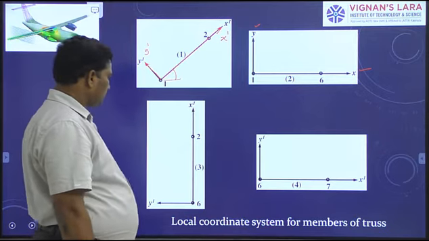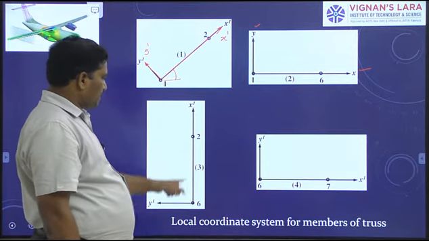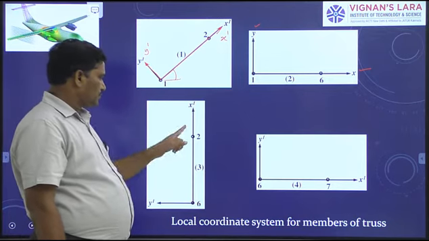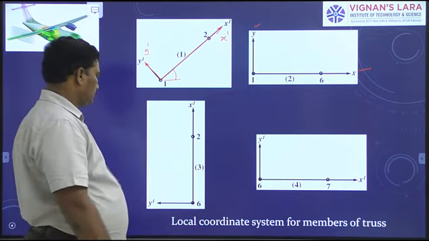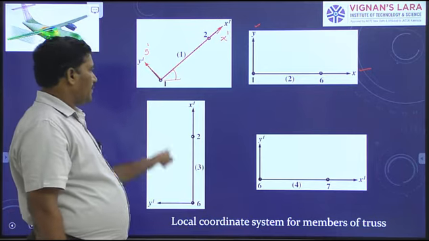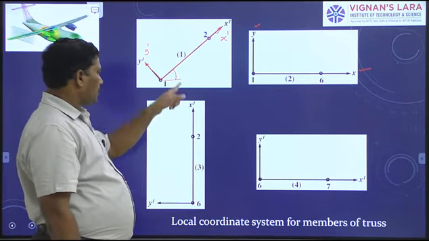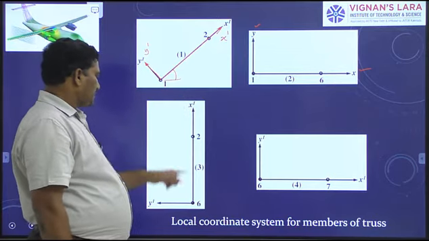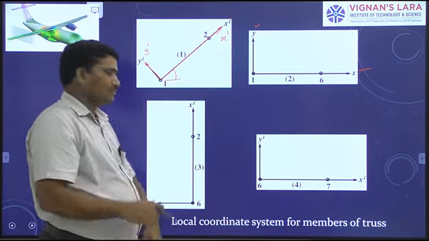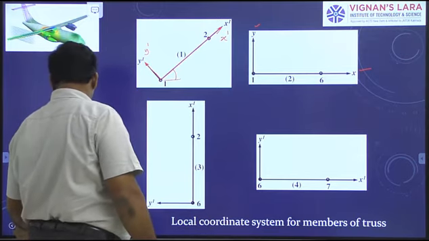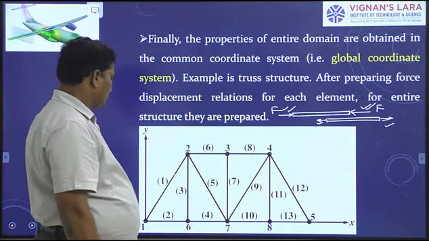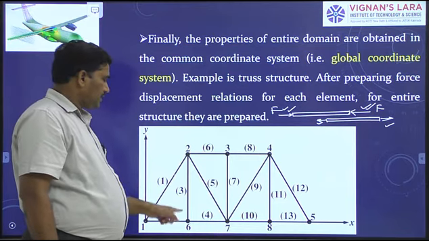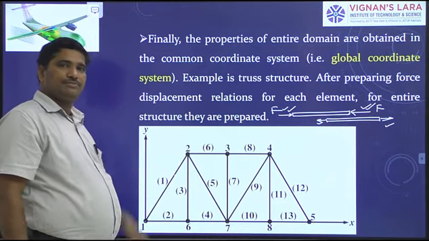Now, element 3 is vertical in position. It connects two nodes, say 2 and 6. For this element, we have a local reference frame like this, x dash, y dash. Element 3 is here, vertical in position.